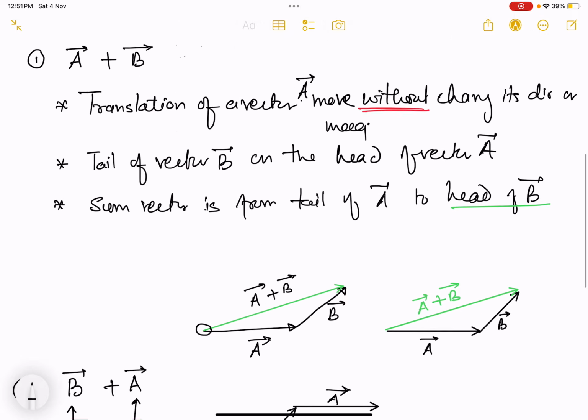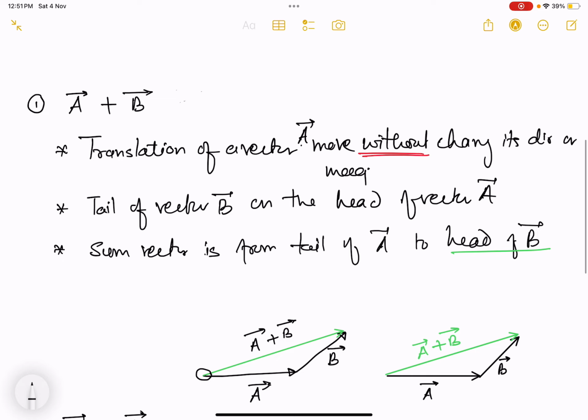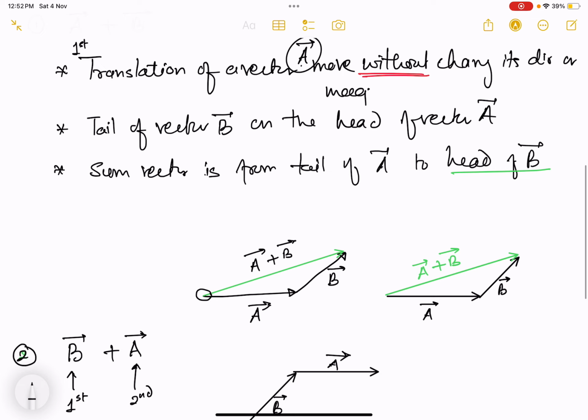When you add vectors, let us look at the rules once again. Translate the first vector. When I write here vector A, what I mean is the first vector. Translate the first vector, that is move without changing its direction or magnitude to wherever you want to.